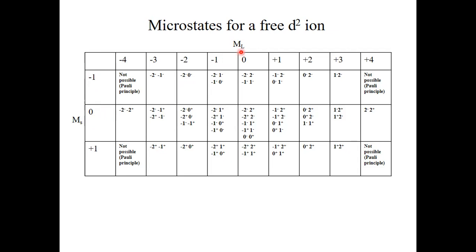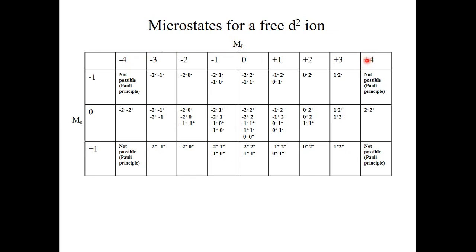So what about capital ML? For a d electron, each electron can have an ml value varying between -2 and +2. That means that when we have 2 electrons to consider, the capital ML value can vary between -4 and +4.